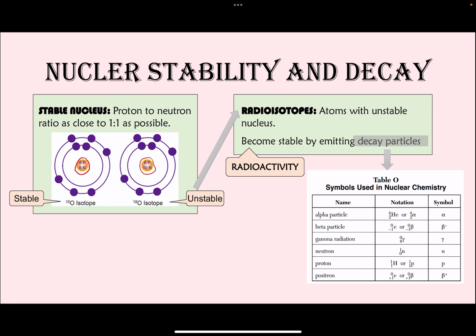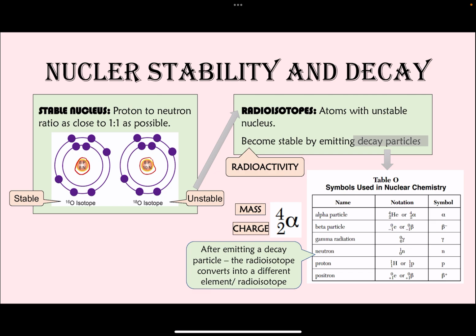The thing to keep in mind, however, and this is true across the board for nuclear chemistry, is that whenever we are given this isotopic notation, the number at the top represents the mass and the number at the bottom represents the charge. So for the alpha particle, the mass is 4 and the charge is +2. For the beta particle, the mass is 0 and the charge is -1. So that's how these numbers work.